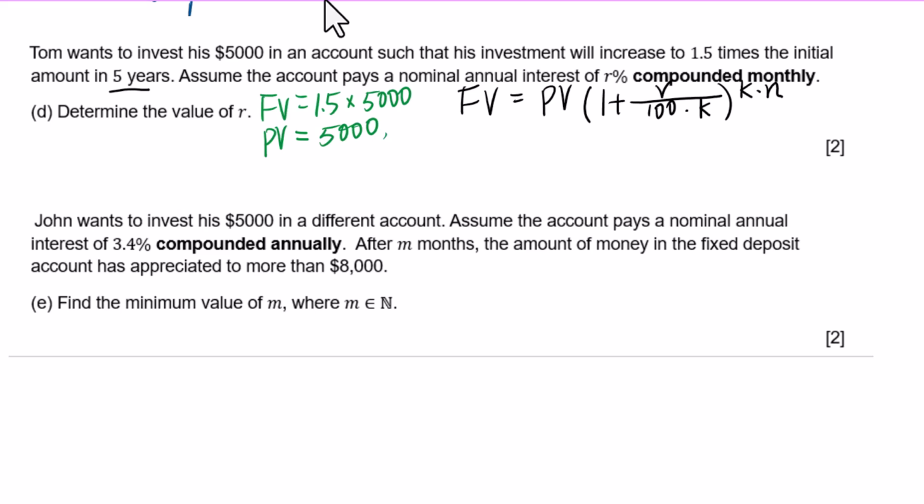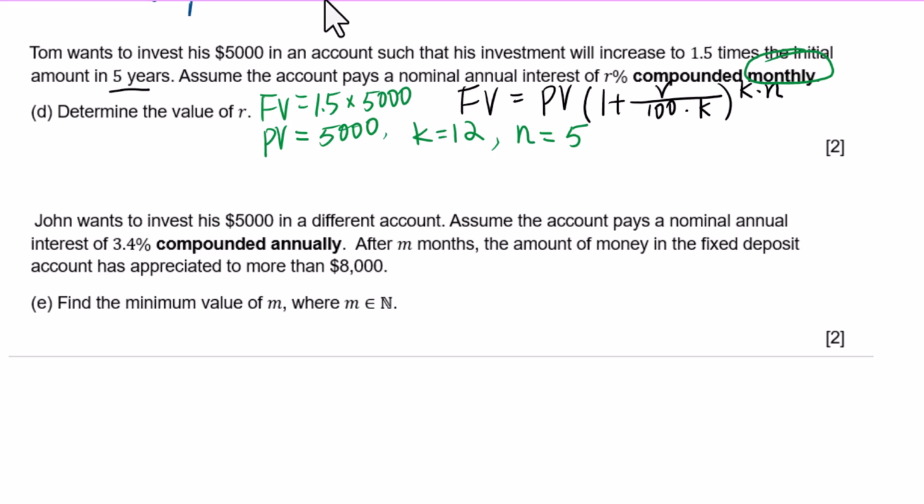And K equals 12, because monthly means there are 12 months in a year. N is the years, equals 5.